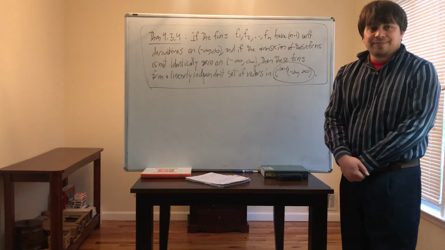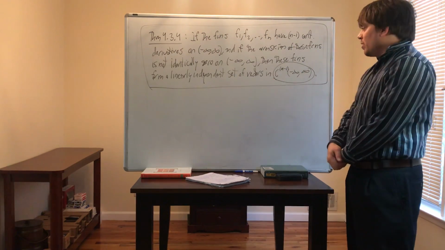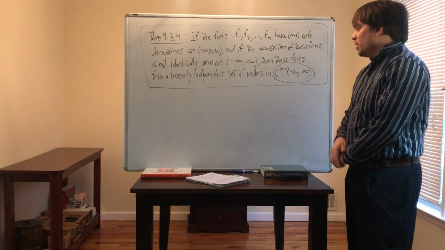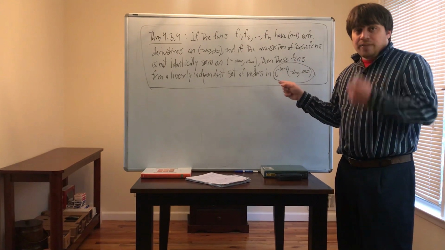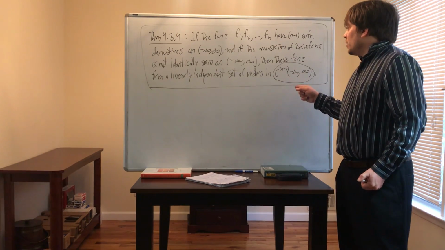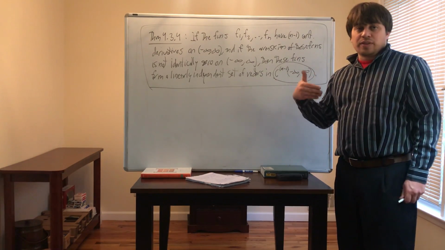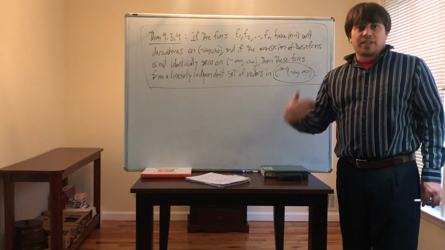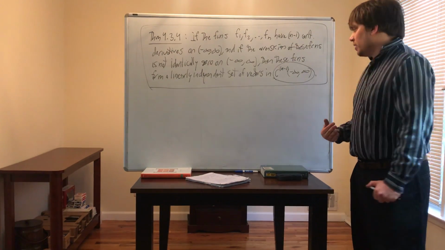So if n was 7, n minus 1 would be 6, and so C^(n-1) of R would be the functions with continuous derivatives from 0 to 6. The last one, the sixth derivative of the function, would be continuous. Okay, that was 7.